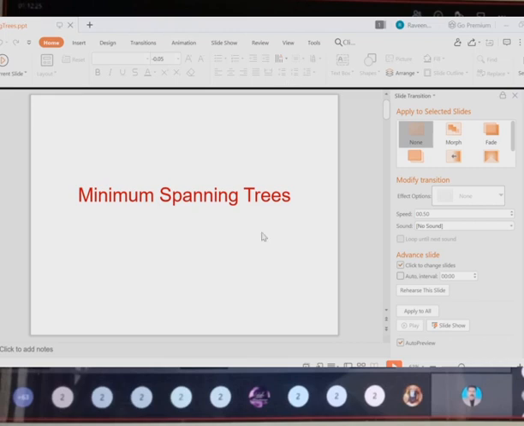But if one of the 5s is replaced by another number, every weight is different from one another, and in that case there will be only one minimum spanning tree. So this is one of the main properties.